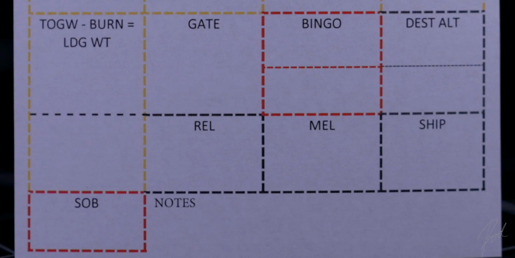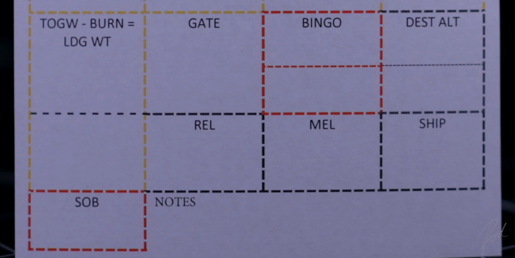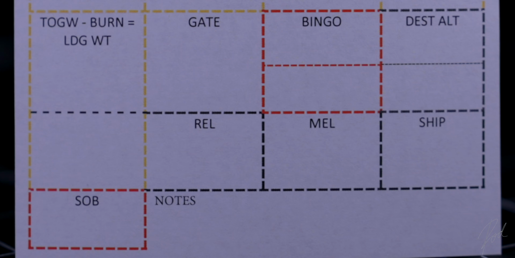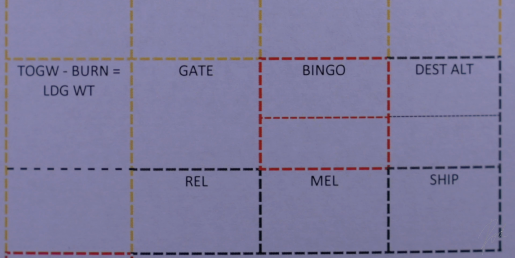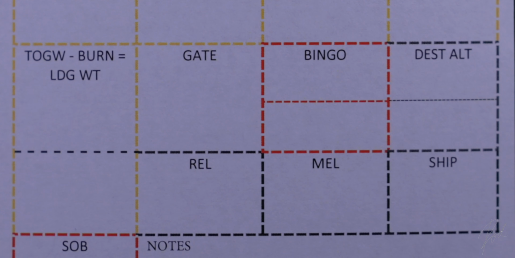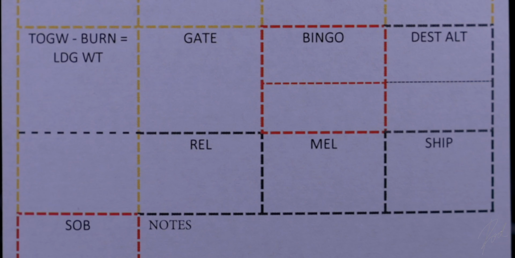The red boxes are the souls on board and the bingo fuel. And then, like I said, in the bottom, I do have some of that black stuff as well, which is just important information that you need to know, but not particularly associated with a specific portion of the flight.